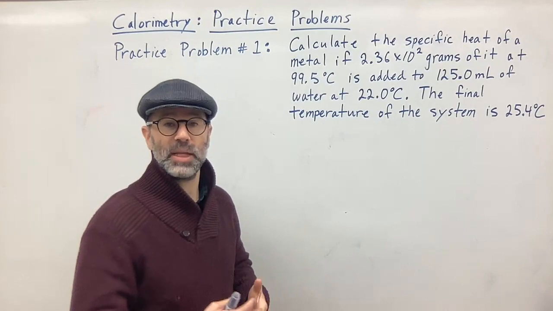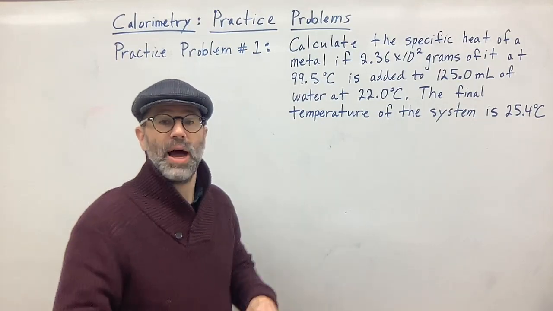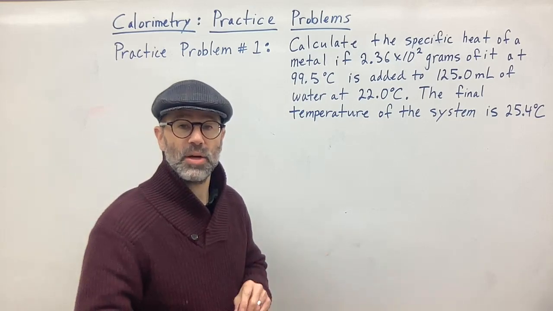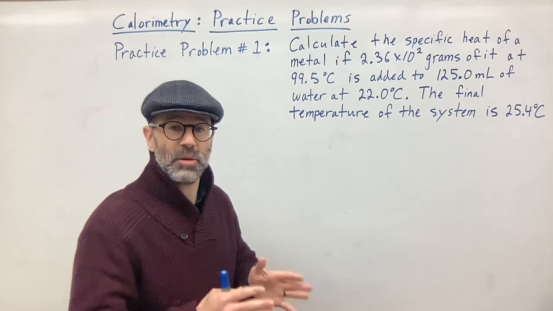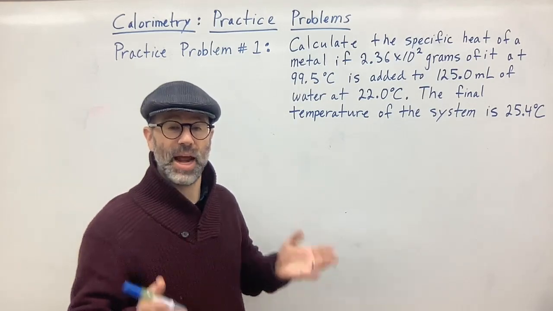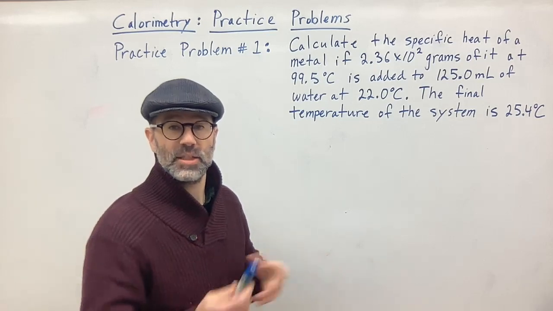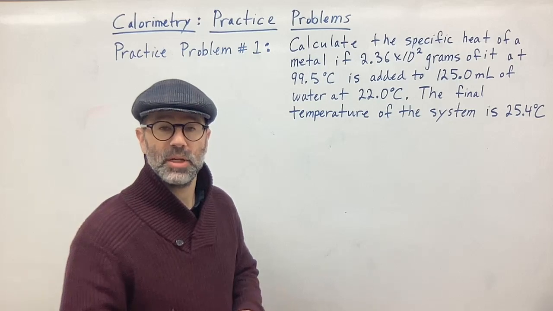That energy lost by the metal was picked up by the water. And so outside of that, none of the heat was lost. We're assuming that it's not lost to anything in the environment, it's not absorbed by the container, it's not lost to the air or anything like that. So it's just contained. So there's no loss of energy of the system.